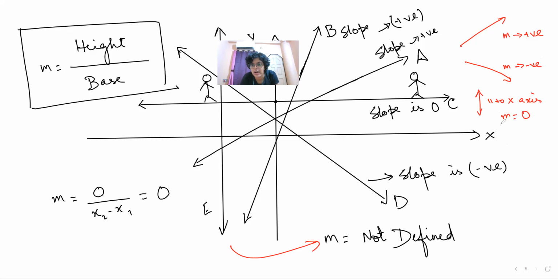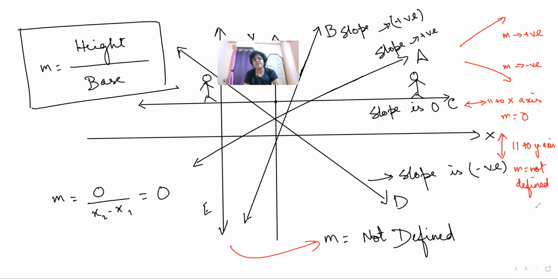I'm so sorry, that is not how a line parallel to the x-axis would look. So this is a line parallel to the x-axis, M is equal to 0, and a line parallel to the y-axis, which is vertical, would have M undefined. M means slope. Slope is not defined.